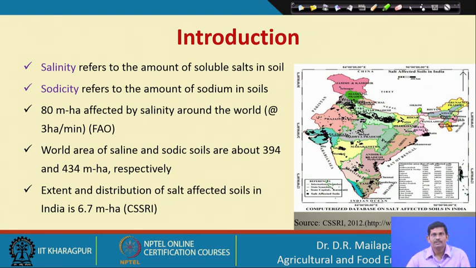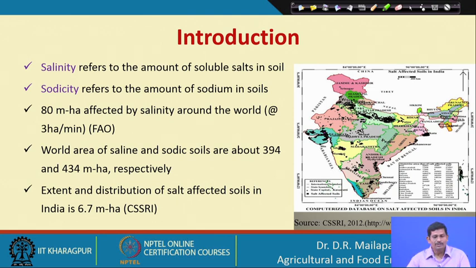Around the world, there are 80 million hectares of land affected with salinity. Every minute, around 3 hectares of land is being converted into saline soil, so it is converting fertile soils at a faster rate, around 3 hectares per minute.